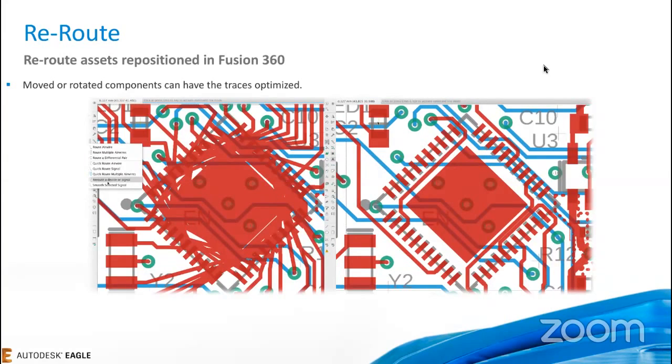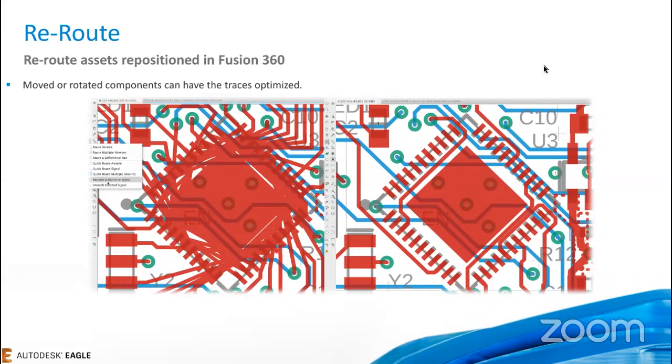But of course, the traces will remain, just shoved wherever you want. So now we have a new feature called reroute, where you could select reroute and select the asset that was moved in Fusion 360, and it will just reroute it.